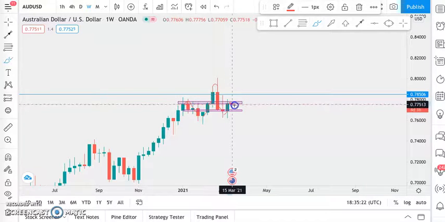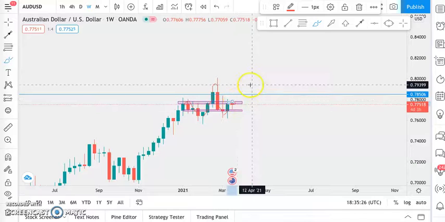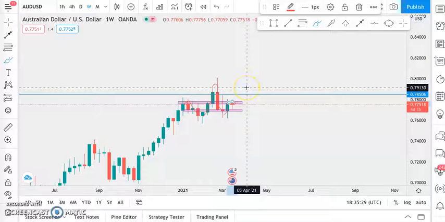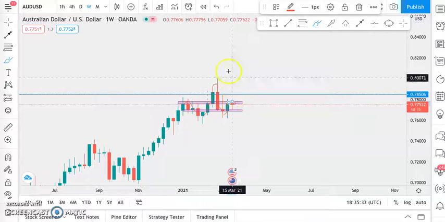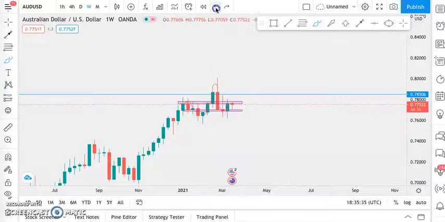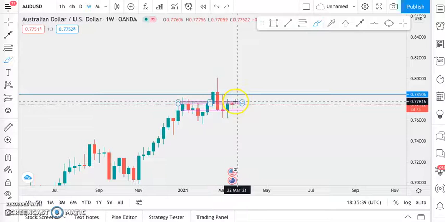So currently we are testing this previous resistance again, so keep that in mind. Even though from the monthly perspective we do expect a continuation to the upside, from this weekly perspective we are currently testing a resistance area.